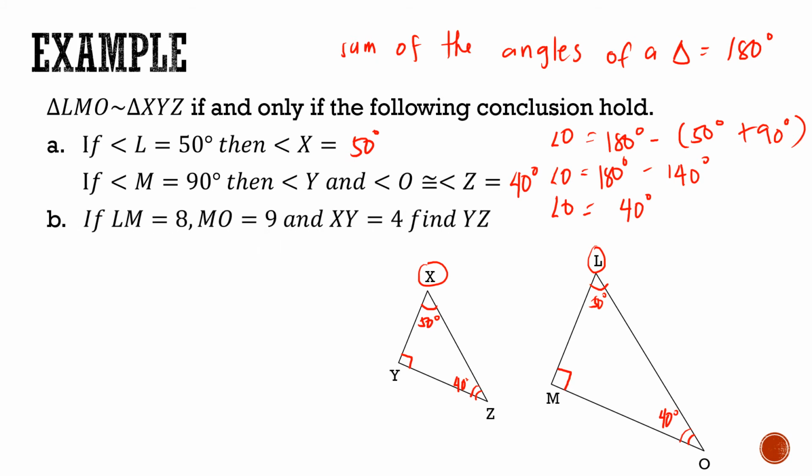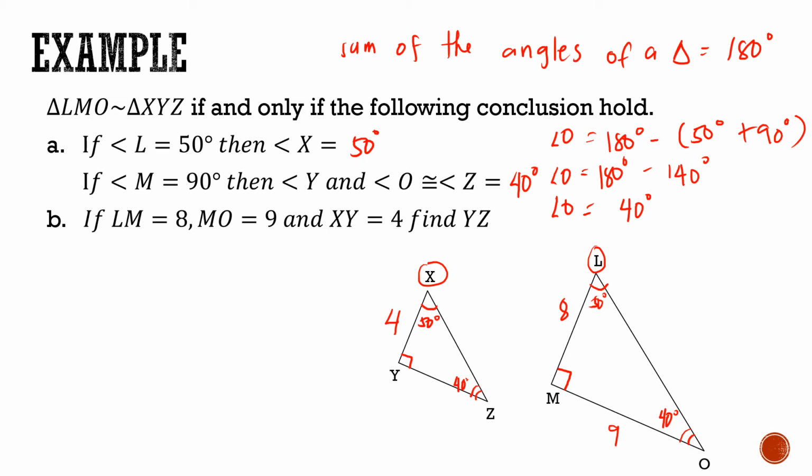Now, if side LM is equal to 8, side MO is equal to 9, and side XY is equal to 4, let's find YZ. So let's write the following sides as a ratio.